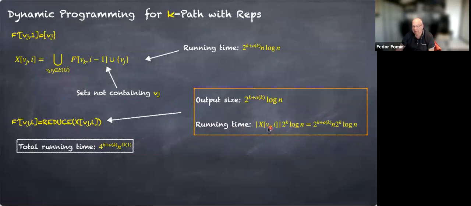Now the running time is not |F| times 2^k, but only |X| times 2^k. Because the size of X is of order 2^k, the total running time of the update step is 2^k times 2^k, so this is 4^k. So this algorithm runs in time 4^k. The only thing missing so far is why what I compute is correct.